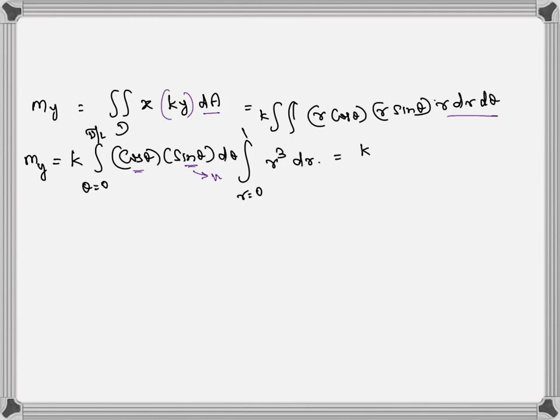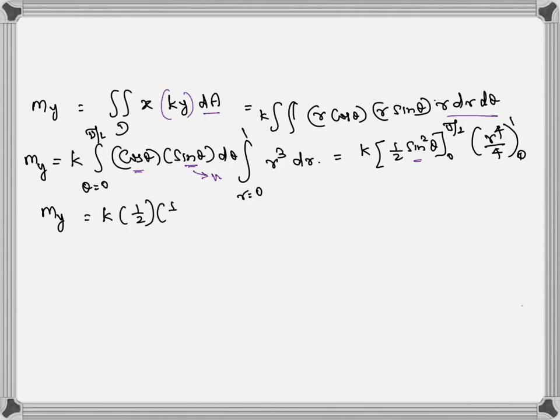Whichever method you use, it is k times 1/2 of sine squared theta from 0 to pi by 2, times r to the power 4 over 4 from 0 to 1. Here I have substituted u equal to sine theta. Then M_y, the moment about the y-axis, is k times 1/2 times 1/4, which is k over 8.